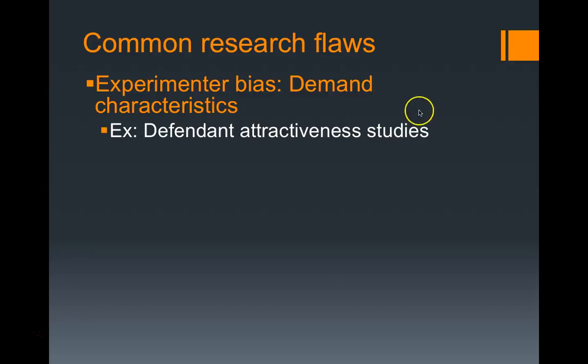So, for example, studies have been done looking at defendant attractiveness as a factor in whether or not a mock jury convicts or doesn't convict. Okay, some of these studies have been done in such a case where the attractiveness was manipulated in such an obvious way that people just basically got the message that, oh, they're interested in defendant attractiveness as a cause, and then they just went along with it.